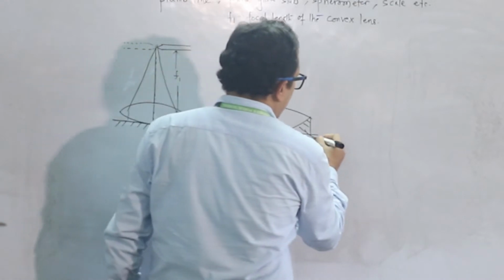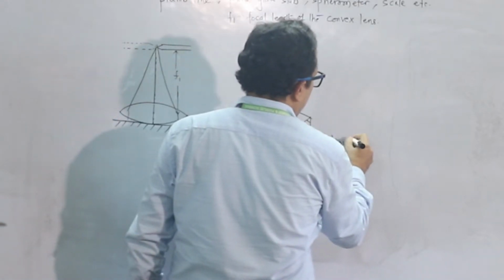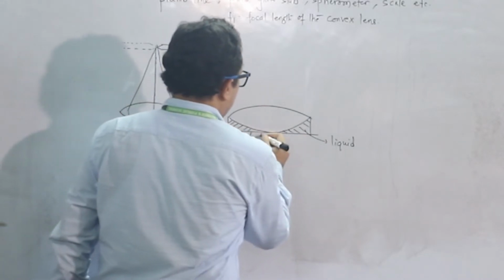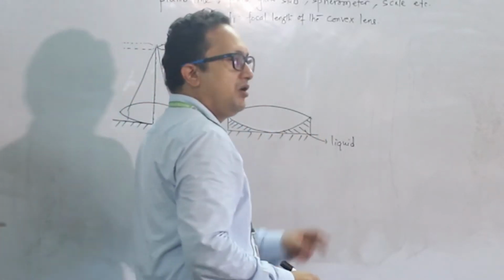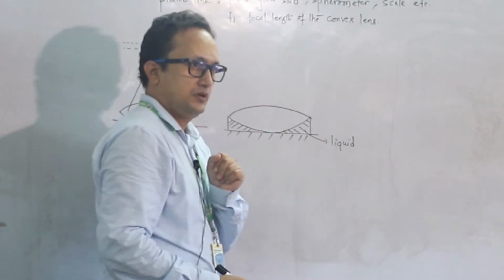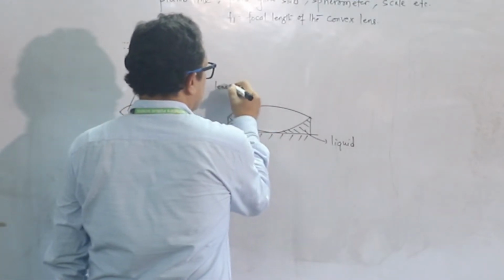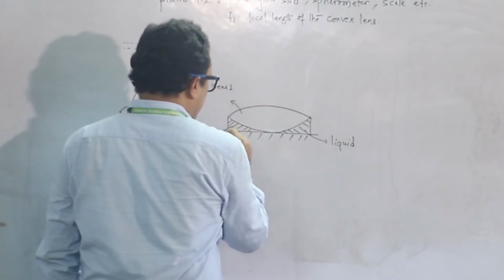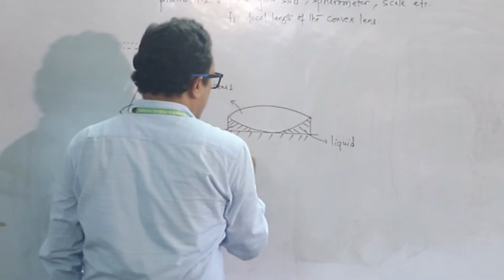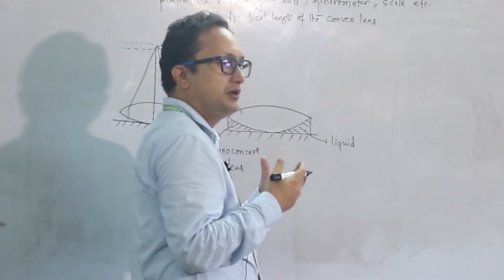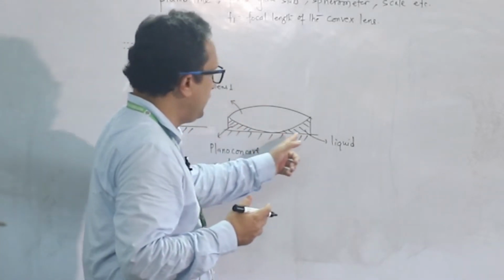So this is the liquid whose refractive index is to be obtained. And now I can imagine this to be a combination of two lenses. What are the two lenses? Of course, this is lens 1 and this is a plano-concave lens that has been formed because of the liquid trap.